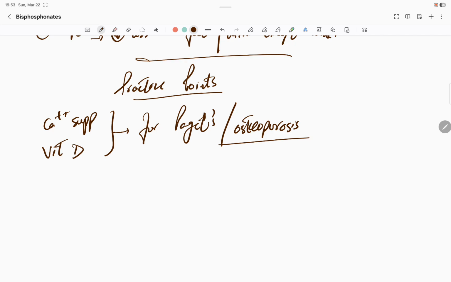Okay, but again, you have to advise that calcium supplements and vitamin D supplements should be taken at a different time than that of the bisphosphonates.